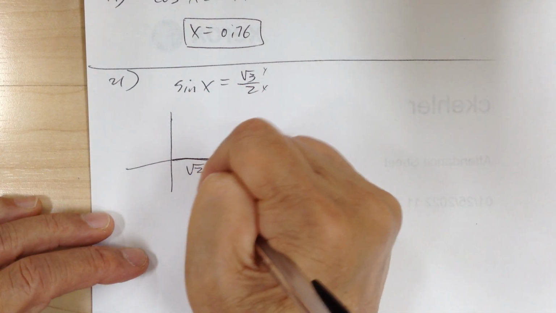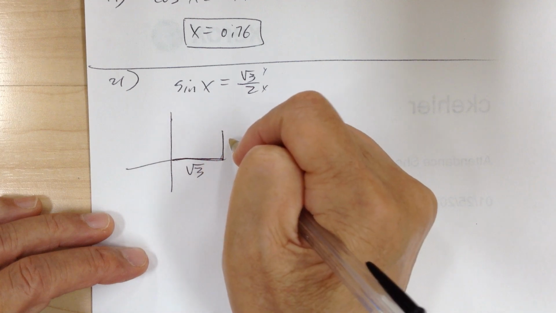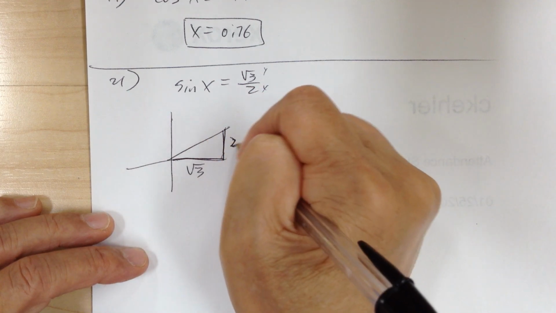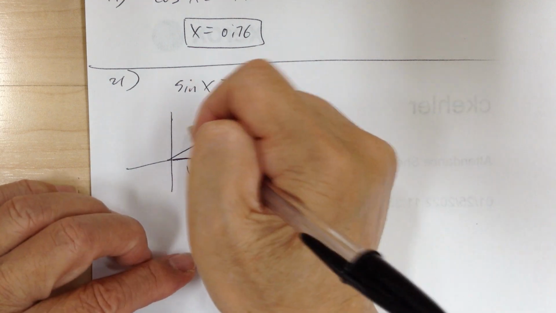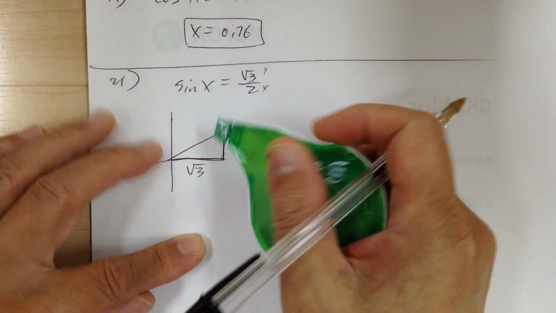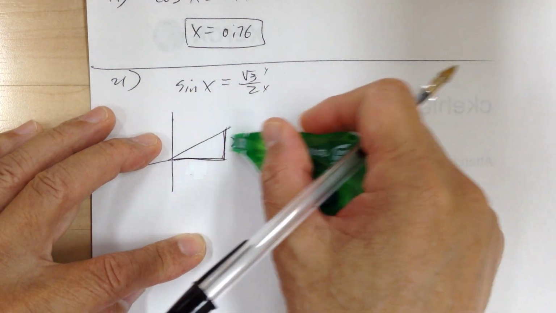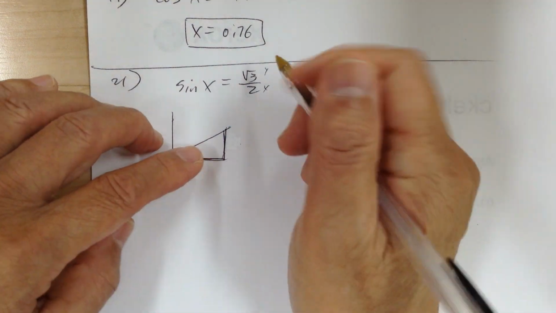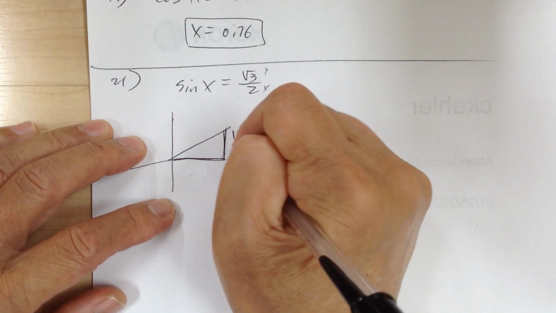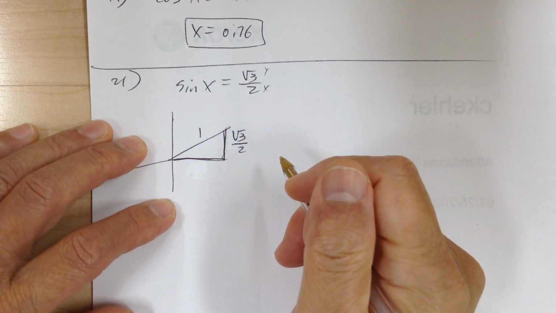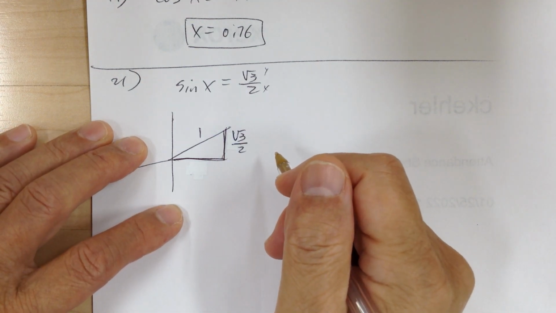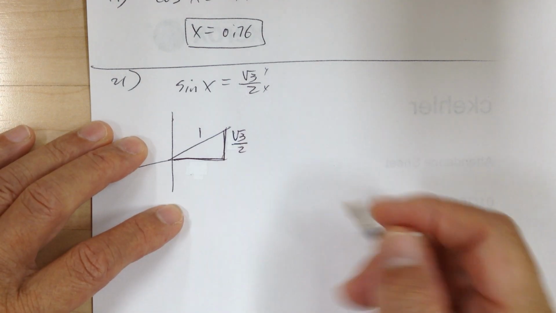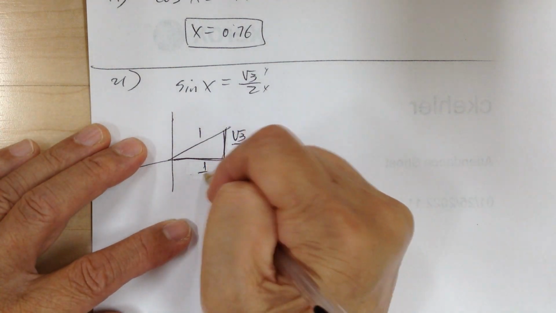So you've got square root of 3, and then you have 2. Sine is square root of 3 over 2, and this is 1. And if you recognize that this is going to be 1/2.